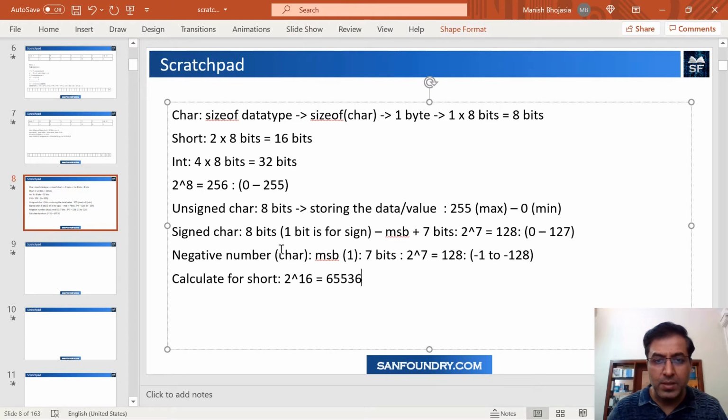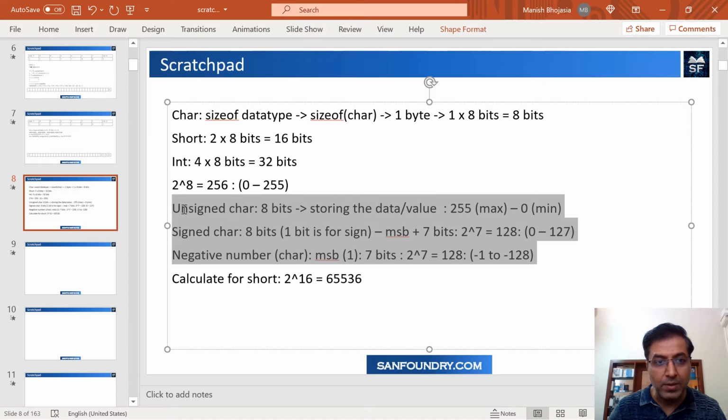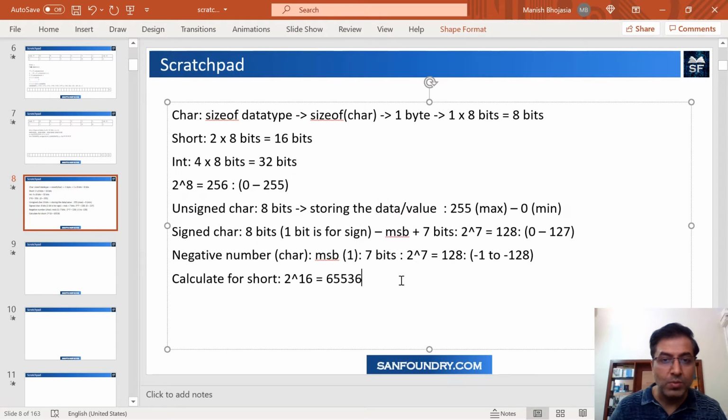It's very difficult to remember these values in decimal notation, and we are all talking about decimal numbers. So we have to think about a general formula by which we can calculate the value. What could be a general formula? The general formula looks at signed versus unsigned.